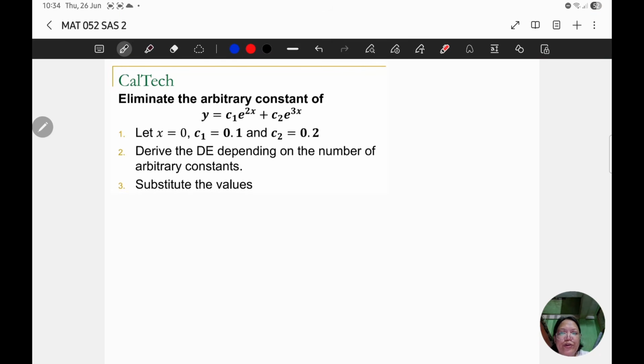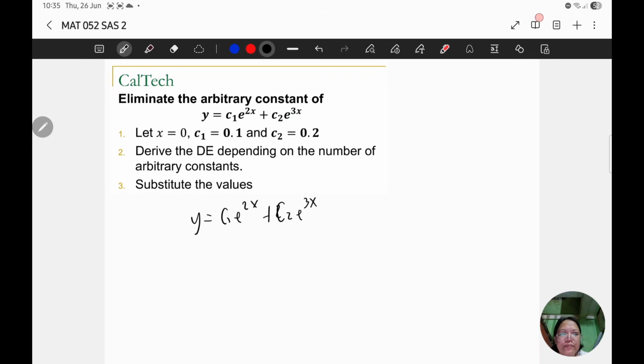So how do you check if your answer in the elimination of arbitrary constants is correct? This time we will use our calculator. For example, we have y equals c sub 1 e to the 2x plus c sub 2 e to the 3x. We already solved this one.